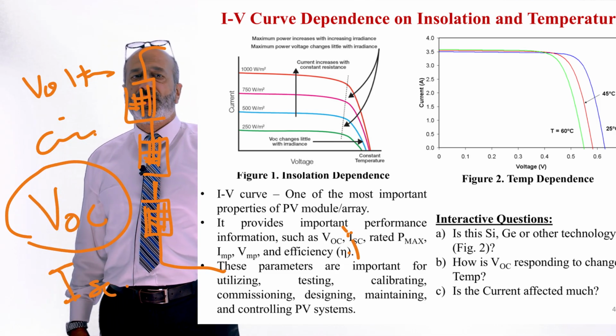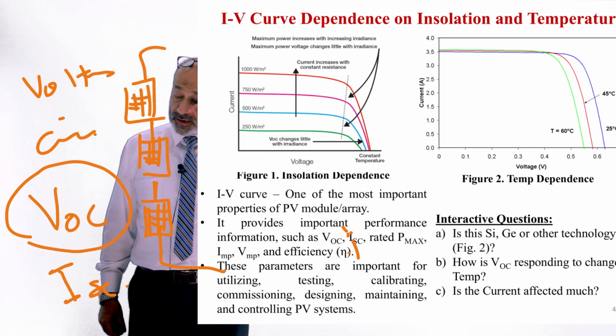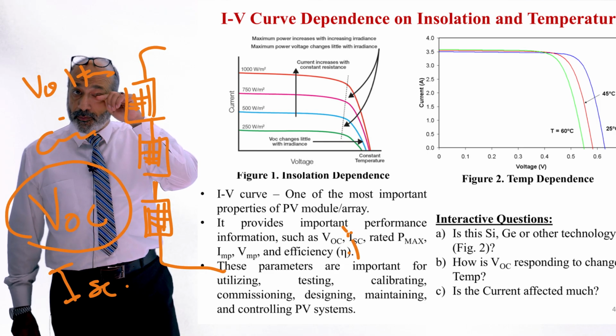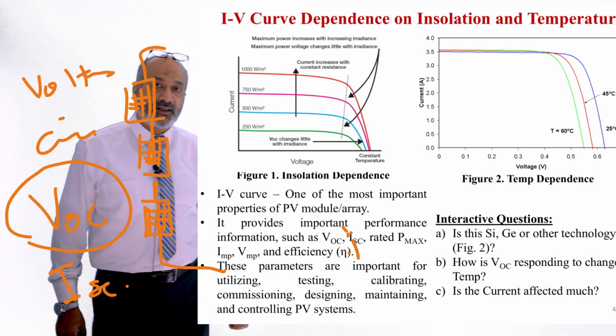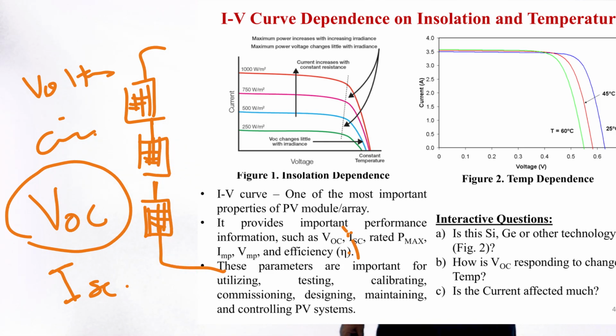Here in this figure, we can easily see that the voltage is affected by temperature and the current is affected by the light or by the irradiance. You can see with me here, the voltage will decrease when the temperature increases.